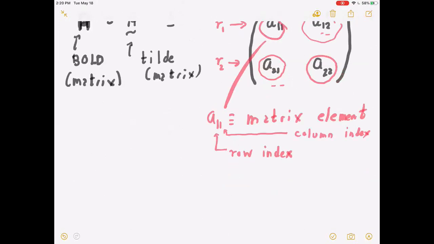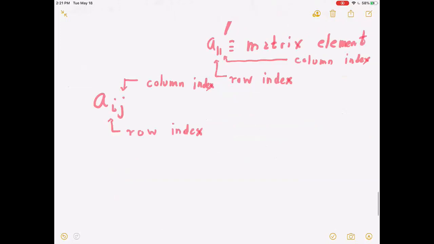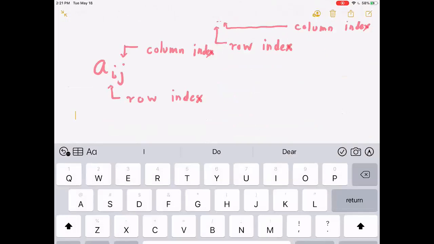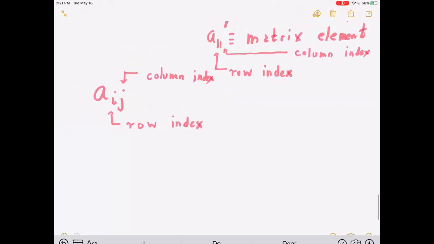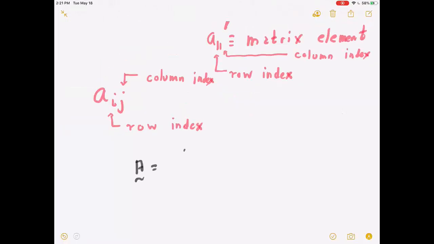And again, the convention for a matrix element is that the first subscript has to be the row index. That's something we all have to agree on. And once we do that, then we know exactly what we all are doing. And the second subscript is the column index. This particular matrix that we've looked at, I'll write it again.